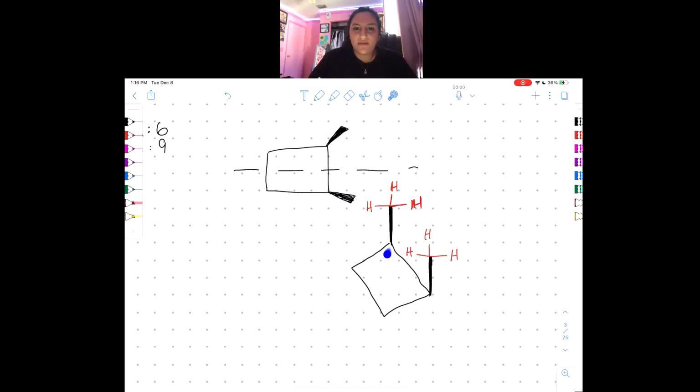Can we say that the hydrogen pointing down here and the hydrogen pointing down here are the same? One person answered, but I want a couple more people, please. So can we say that this hydrogen and this hydrogen are the same?